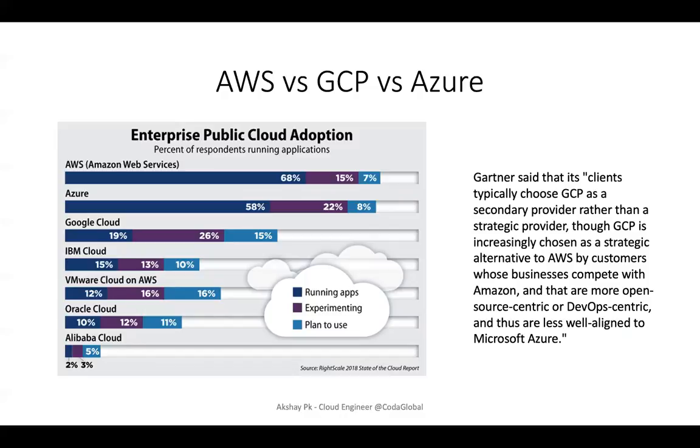So Gartner is the one who mentions this. He has mentioned that clients typically choose GCP as a secondary provider rather than a strategic provider, though GCP is increasingly chosen as a strategic alternative to AWS by customers whose businesses compete with Amazon. And that AWS and Azure are more infrastructure or DevOps centric, whereas GCP is more along the lines of developer centric.